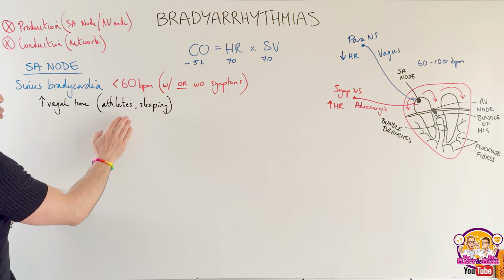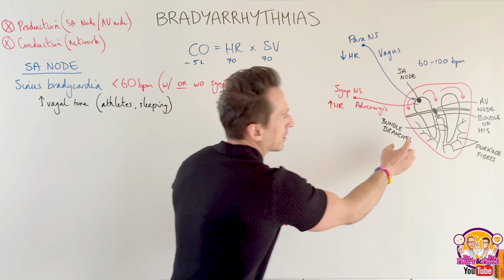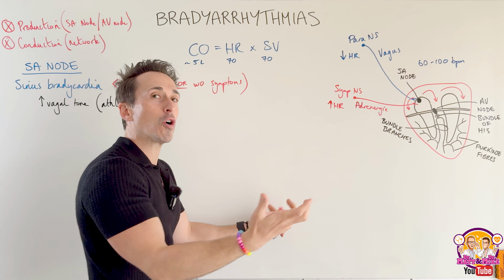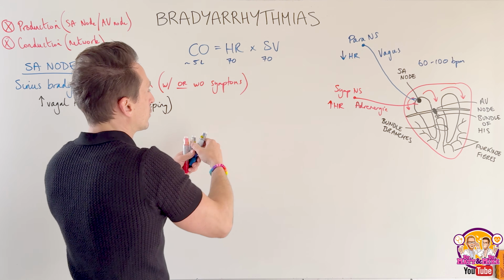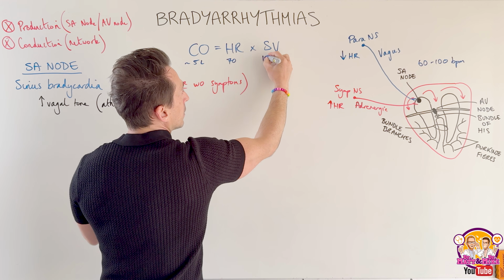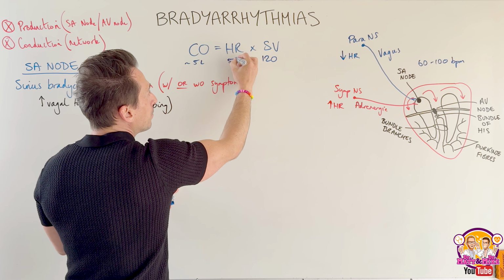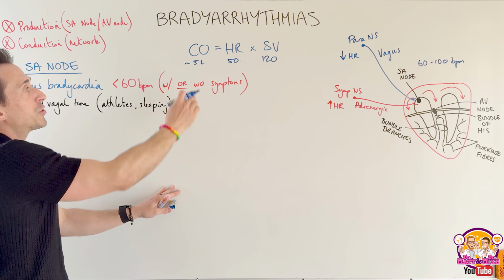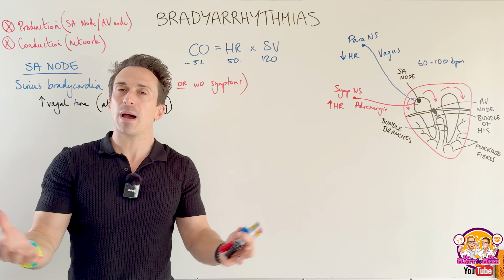Now, if you're an athlete, the musculature of your heart, these ventricular walls, get thicker and stronger, which means with every contraction, your stroke volume goes up. So your stroke volume's higher. That means your heart rate can be lower, and you still pump out an equivalent amount of cardiac output. That's not pathological.